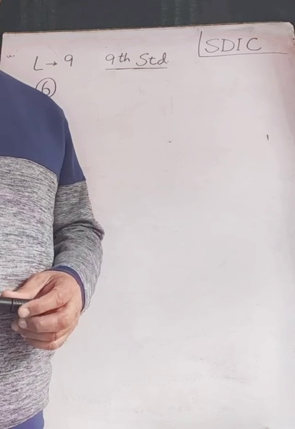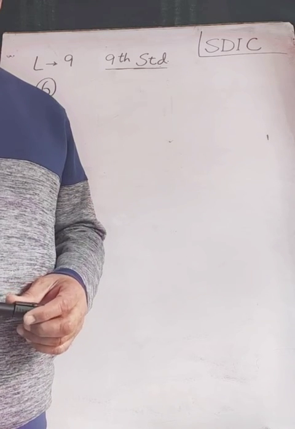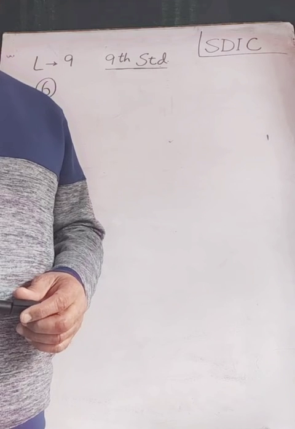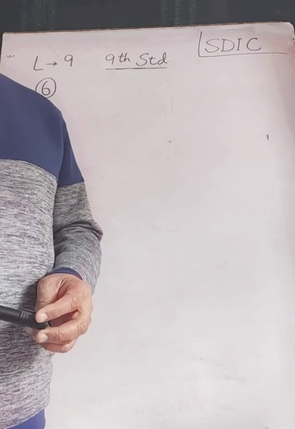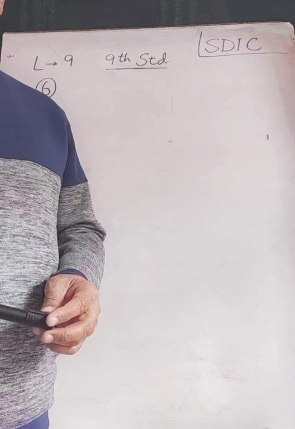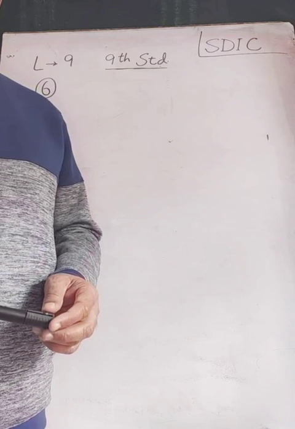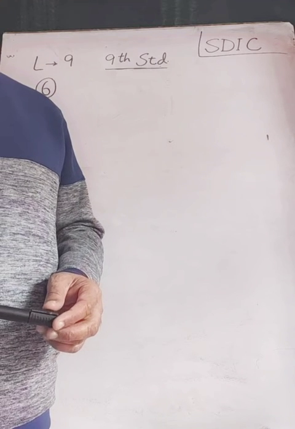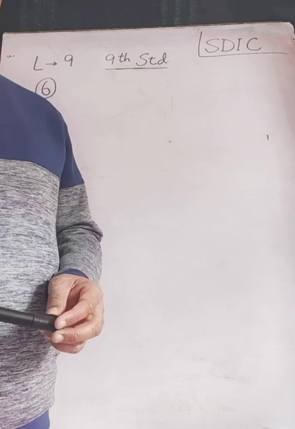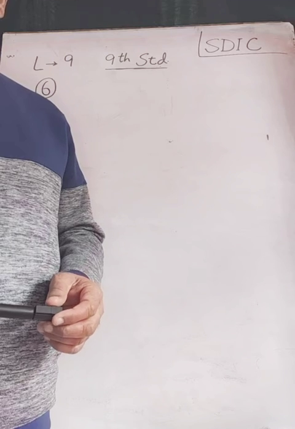Show that of all line segments drawn from a given point. Here you have to add a few words: to a given line. From a given point to a given line. These words are missing there.